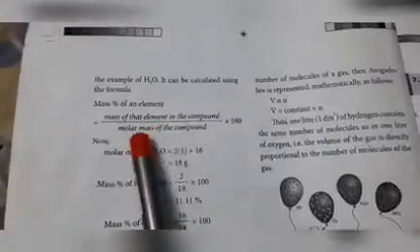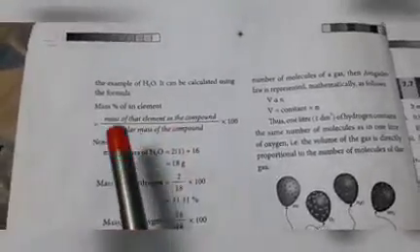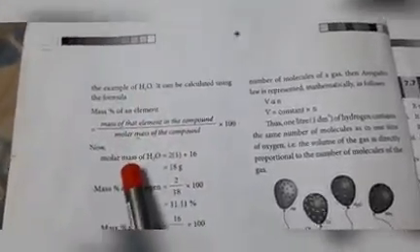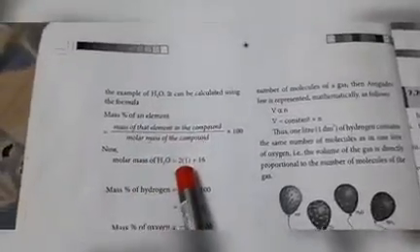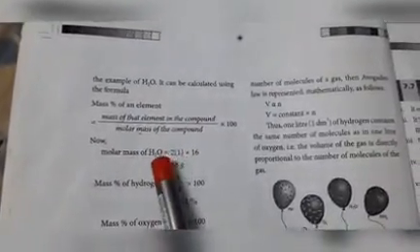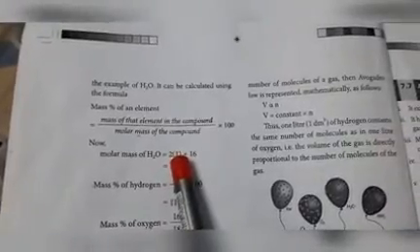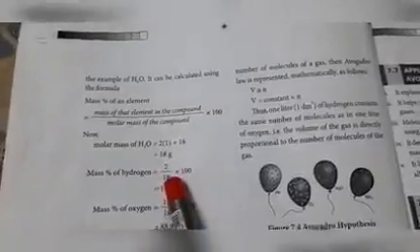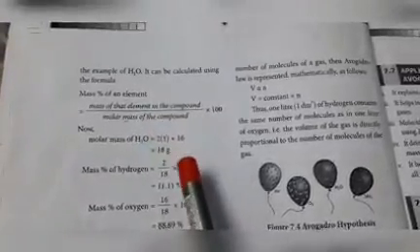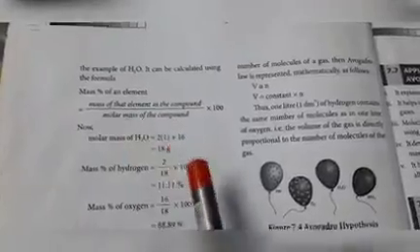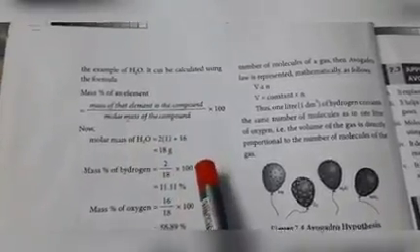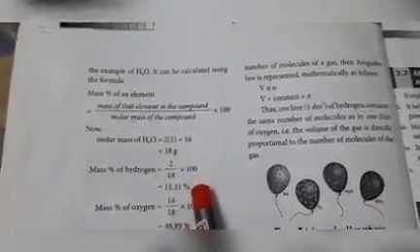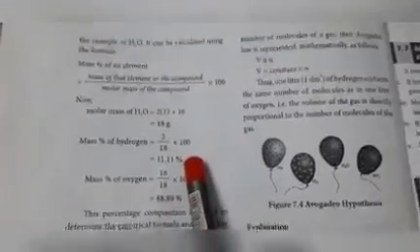Divided by the molar mass of water: 2 hydrogen, each 1, plus 1 oxygen. Atomic mass of oxygen is 16, so molar mass of water is 18 gram. So 2 divided by 18 into 100. If you simplify these numbers you will get 11.11 percentage.